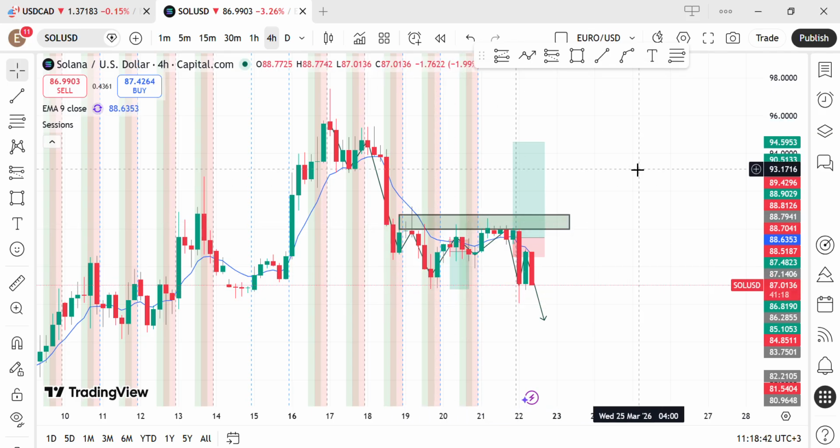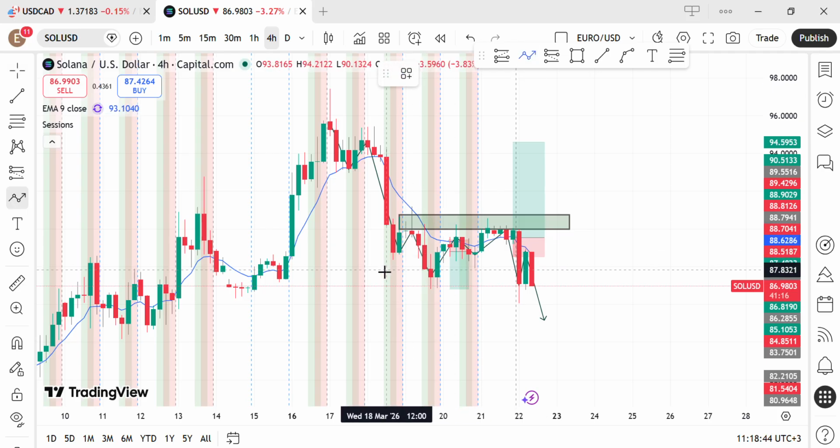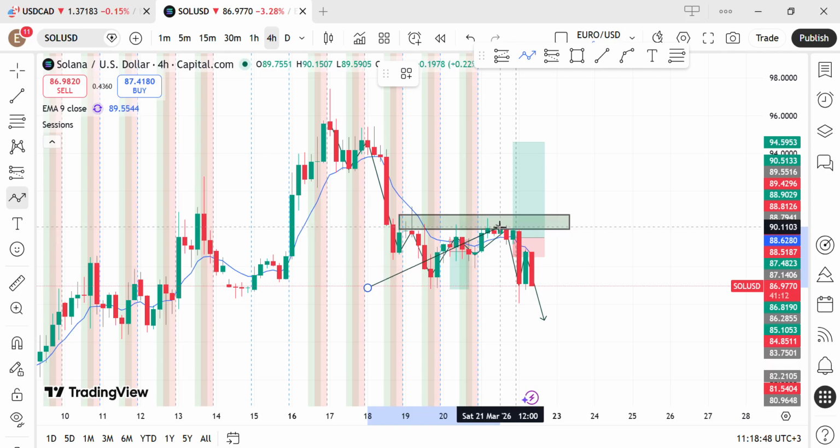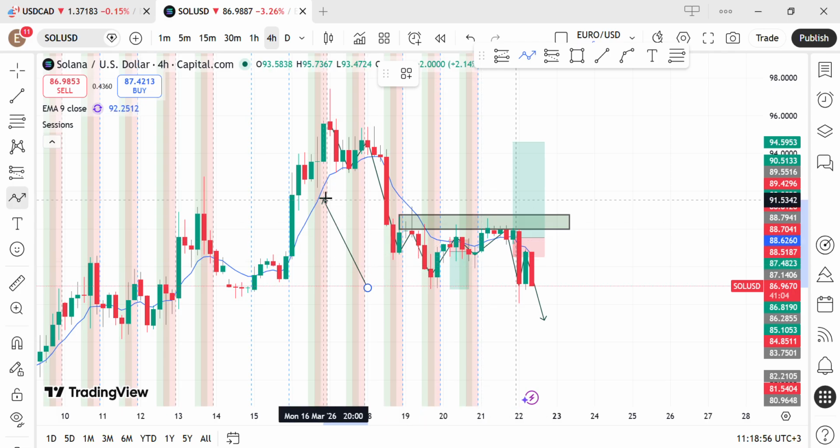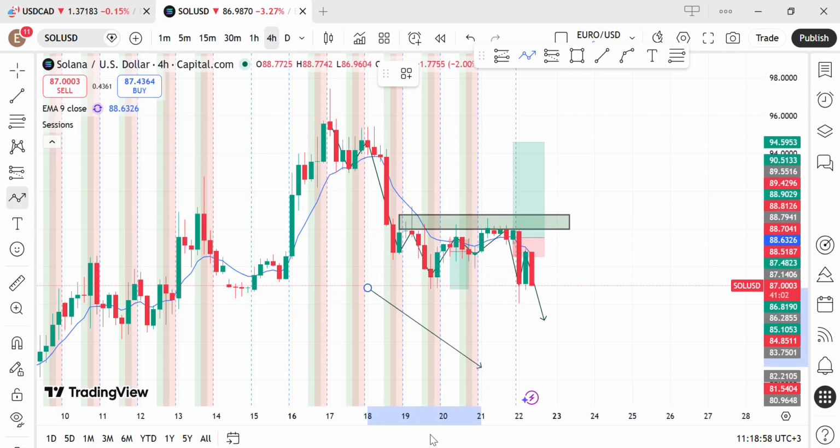Price is refusing to break this level. Price has refused to break this level, and it is going down.